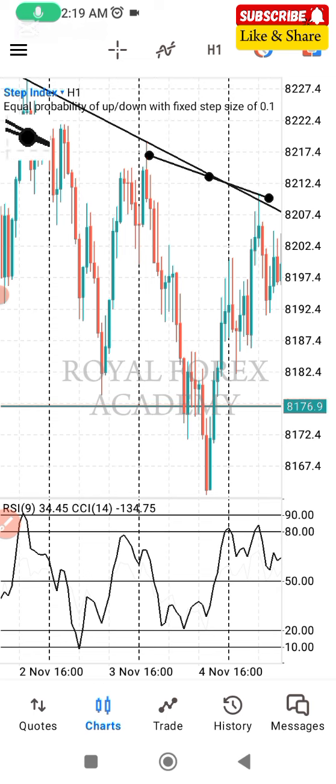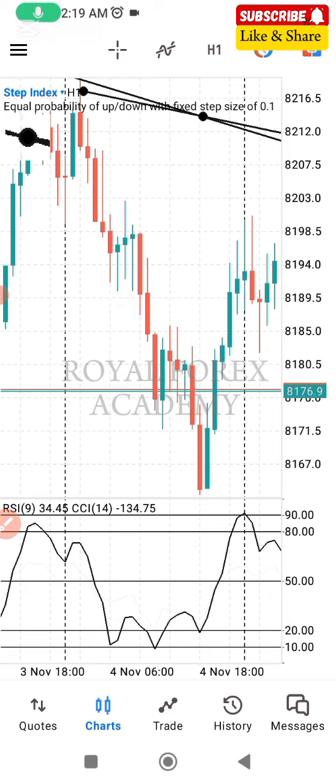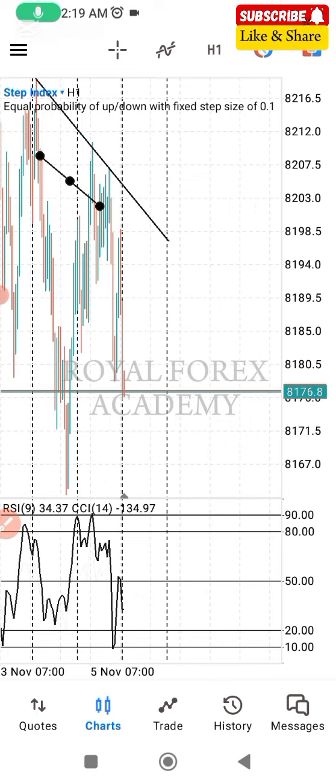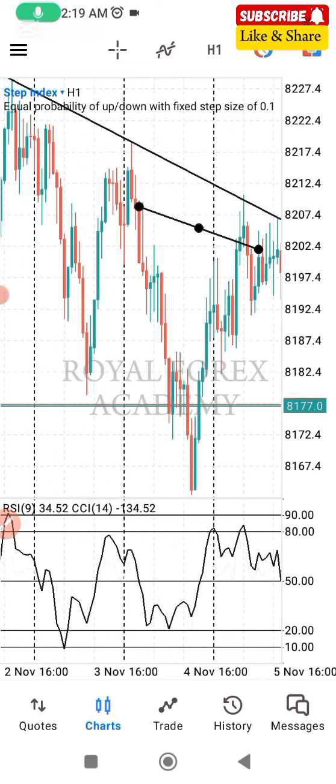So once you get this first one and this follow up candle in form of an evening star formation, you will dive in and make your entry immediately.